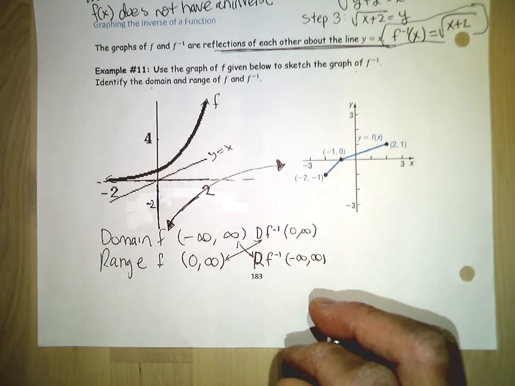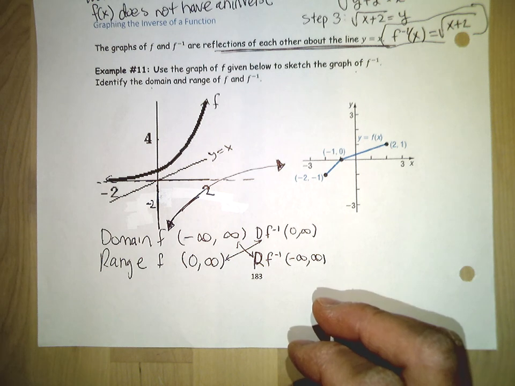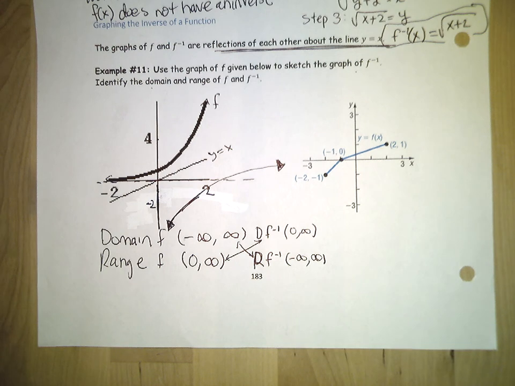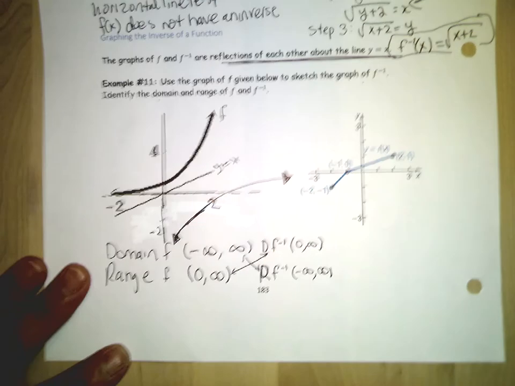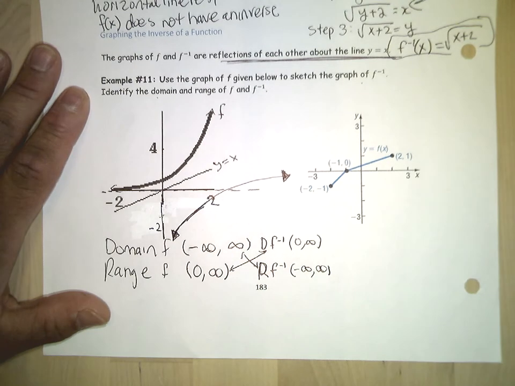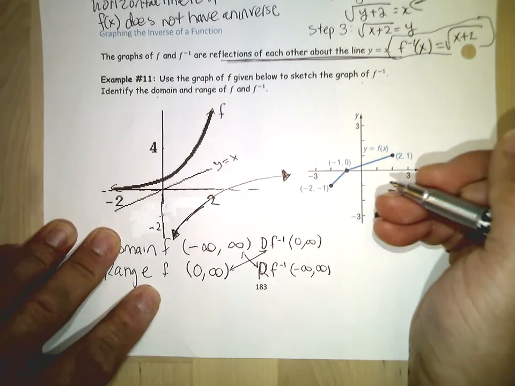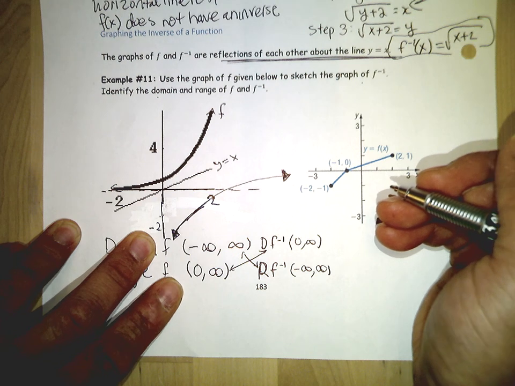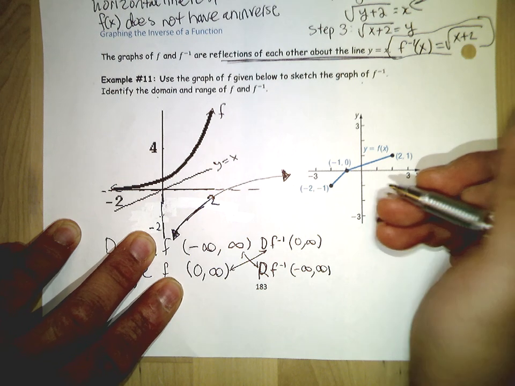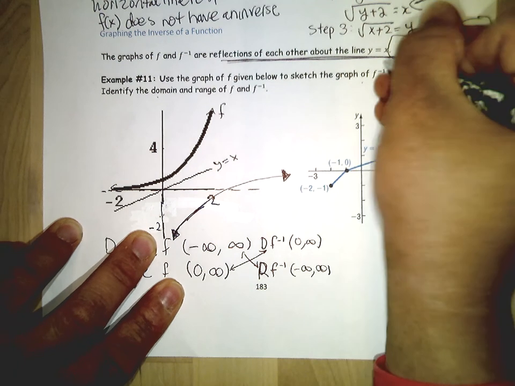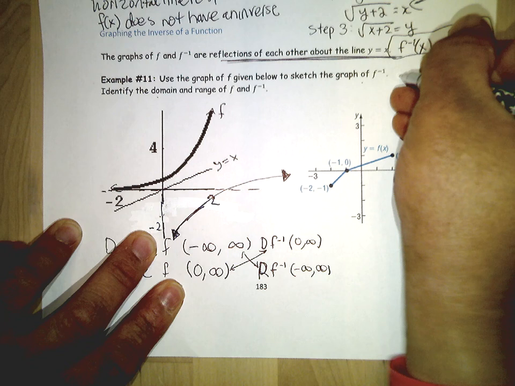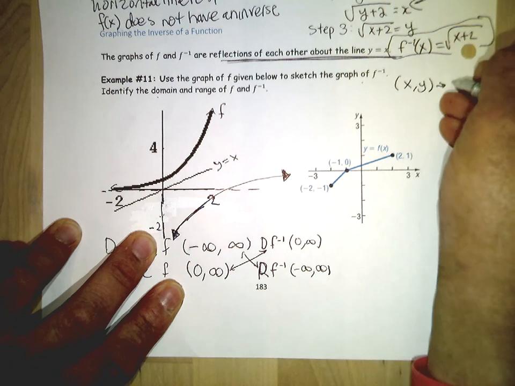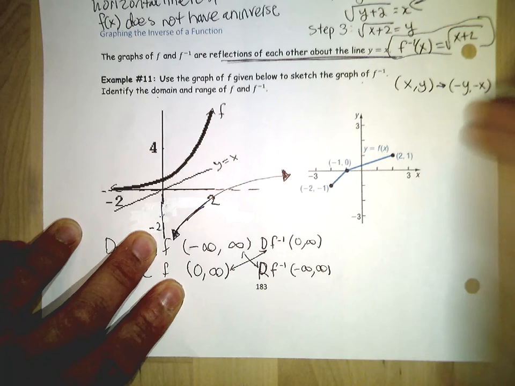So now, if I want to go ahead and do this again, remember what is happening: if you want to do a reflection over y equals x, then (x, y) actually becomes (y, x).